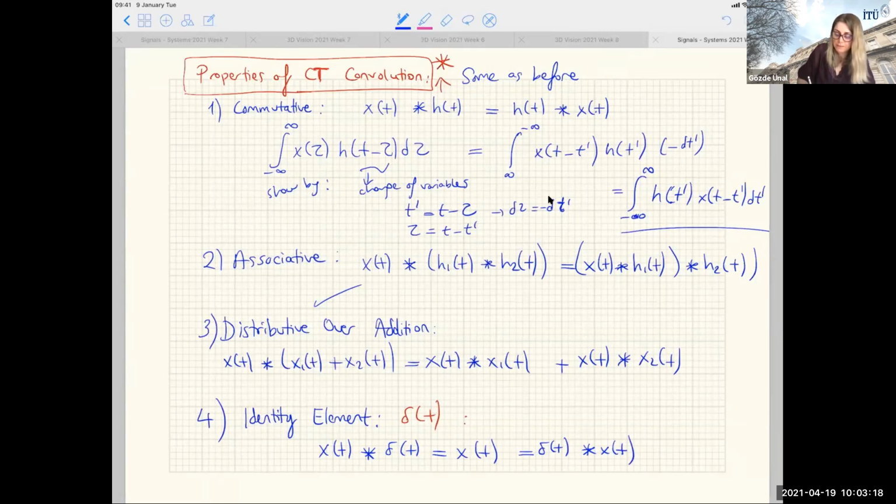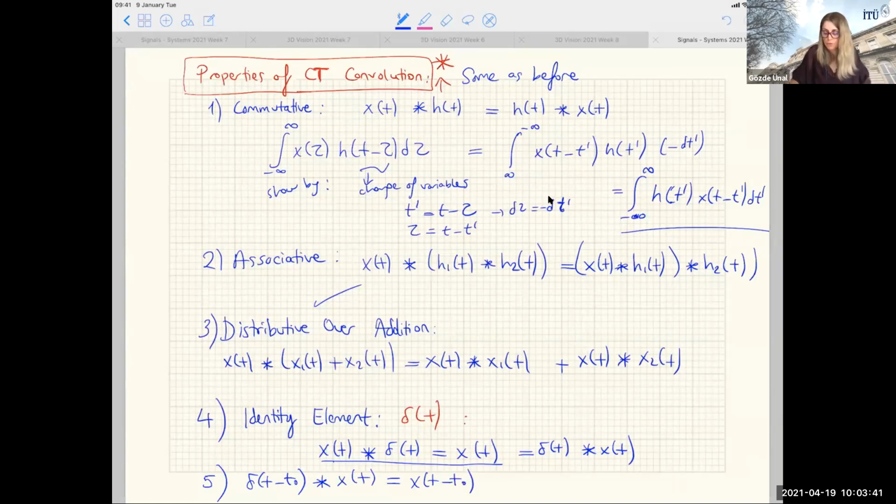Another property is, if delta of t minus t0 convolves a signal, the unshifted one doesn't change it, but its shifted version convolved with a signal shifts it. You can show this through the convolution integral: the integral of x of tau delta of t minus t0 minus tau d tau.